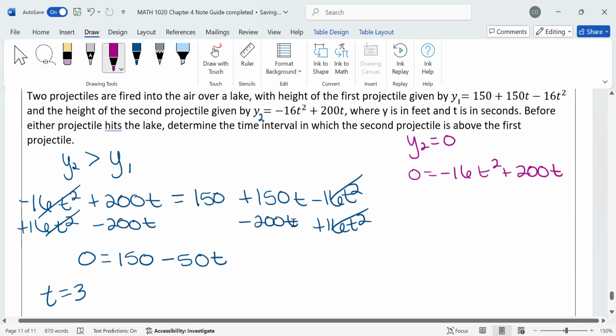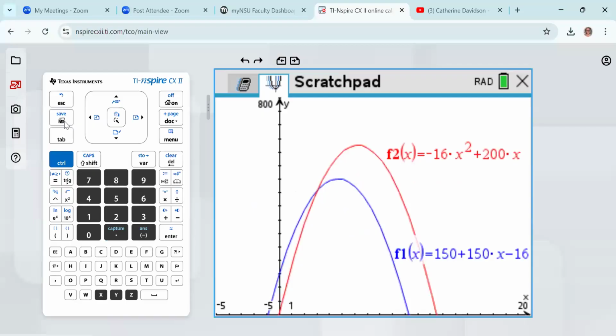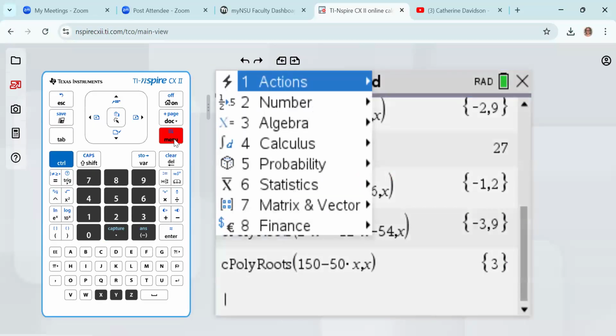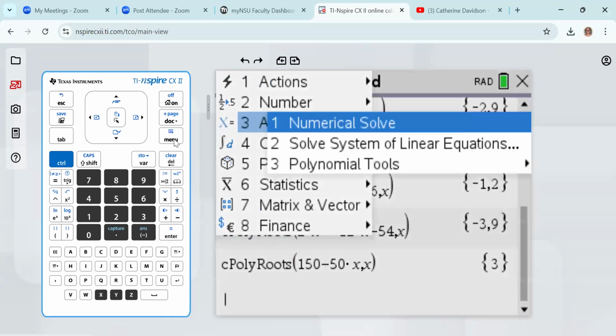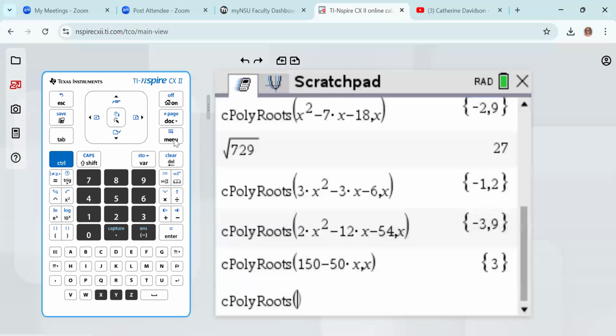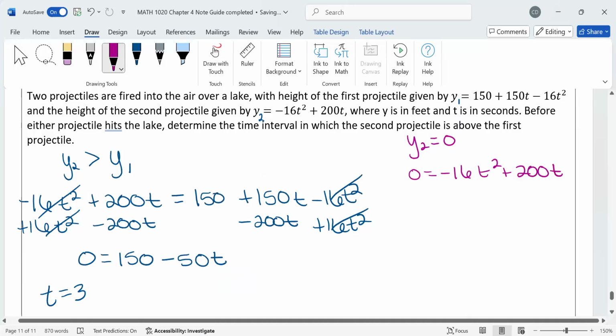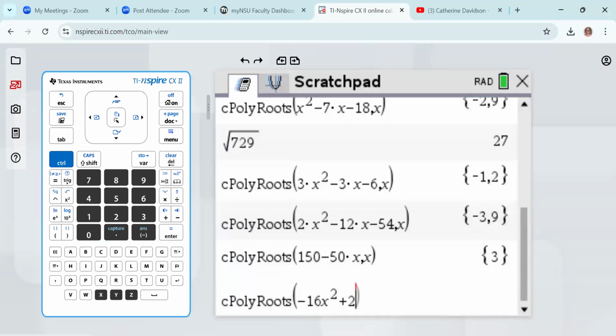Okay, and I'm just going to use C polyroots for this. Square, get that real quick. Plus 200t.